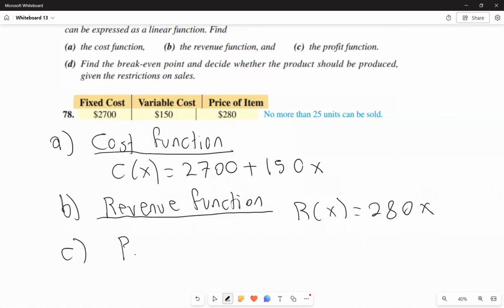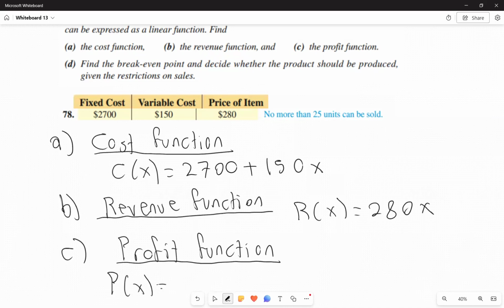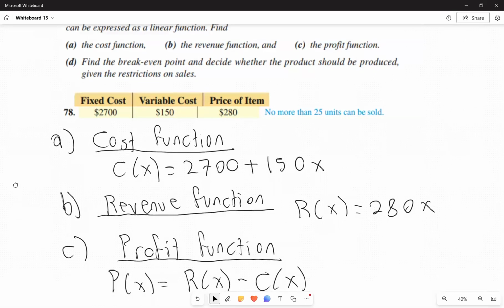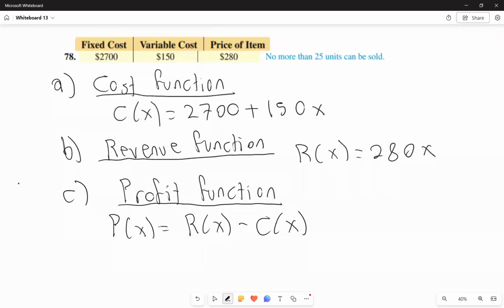And the profit function is going to be the revenue minus the cost. So that's P of x equals R of x minus C of x. Okay, so this is 280x minus (2,700 plus 150x).